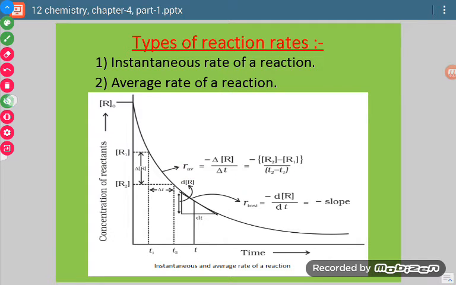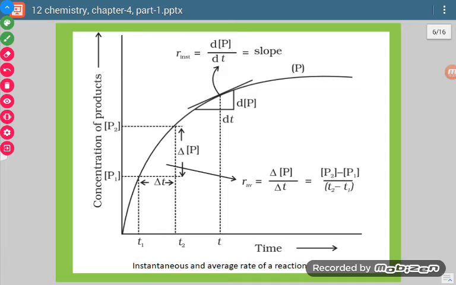Now see, as I told you, we can take reactants also and products also. Now if we take products, then what will be the graph? This will be the graph. See, this curve shows the increase in the concentration of products with time. We have again taken a concentration of products and time graph.